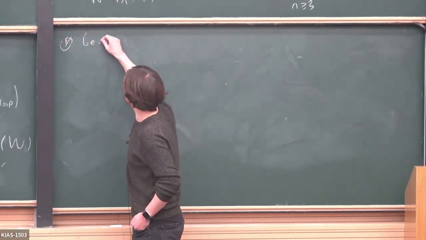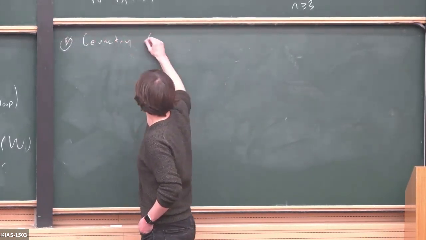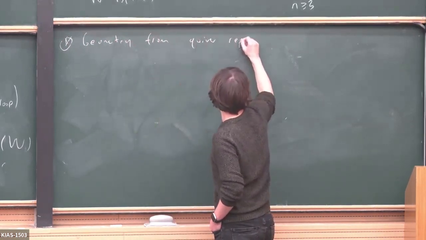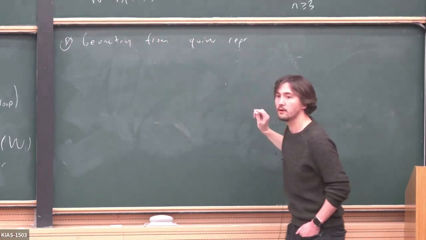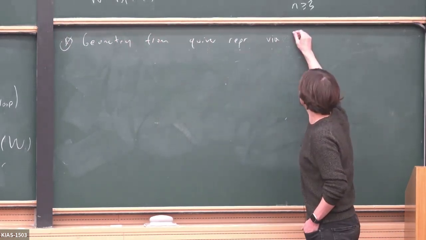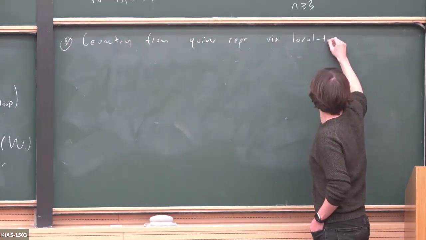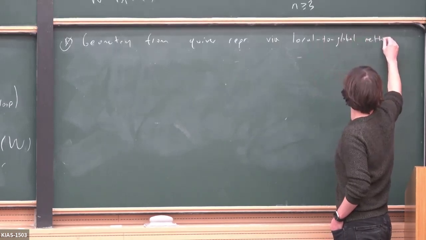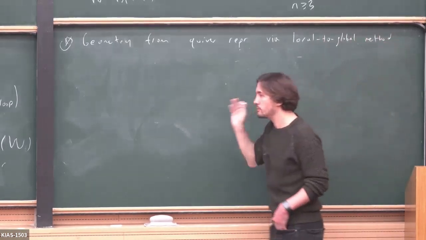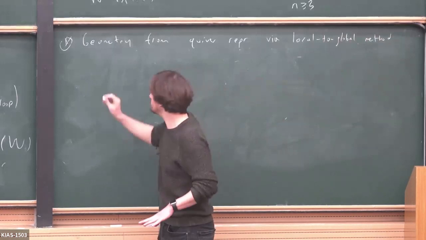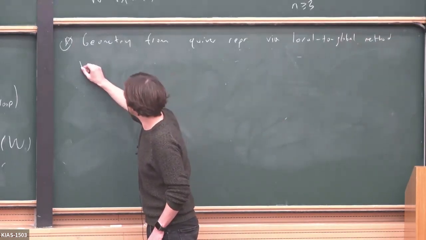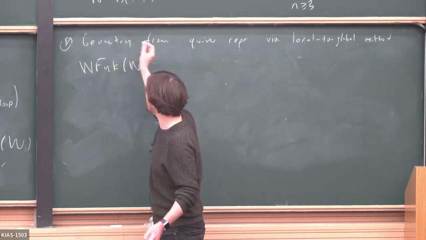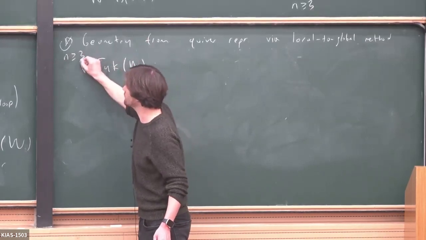So, geometry from quiver representations via the local to global method. Let's first discuss this. What do I have? I have the Fukaya category of W. From now on assume n is greater than or equal to 3.